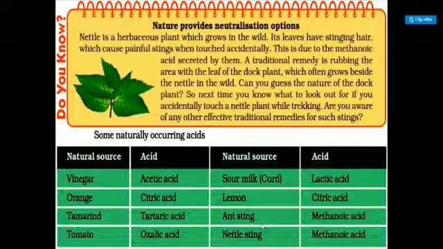Nature provides neutralization options. Nettle is a herbaceous plant which grows in the wild. Its leaves have stinging hair which causes a painful sting when touched accidentally. This is due to the methanoic acid secreted by them.